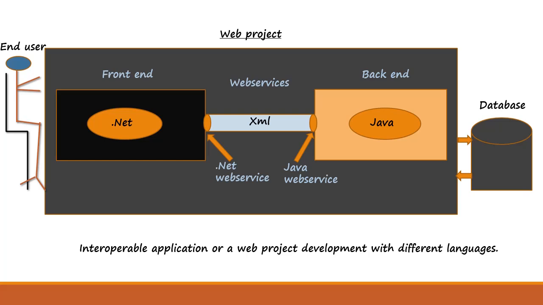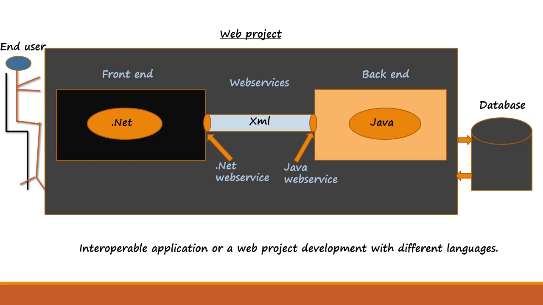XML takes the object coming from .NET and converts it to Java, and sends the data to our backend program by using web services programs. We have .NET web services and Java web services.